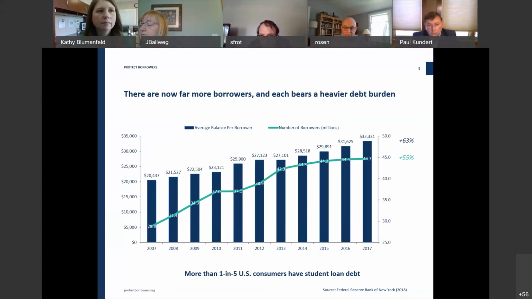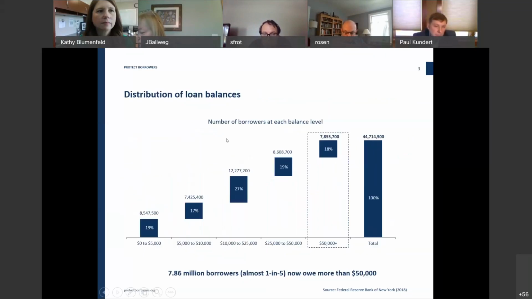And obviously there is some truth to that. You see a tremendous growth in the number of people taking on debt, but that obviously isn't the entirety of the story. Those people are also forced to take on considerably more debt to access higher education, ultimately leading to a place where more than 1 in 5 American consumers now have a student loan.